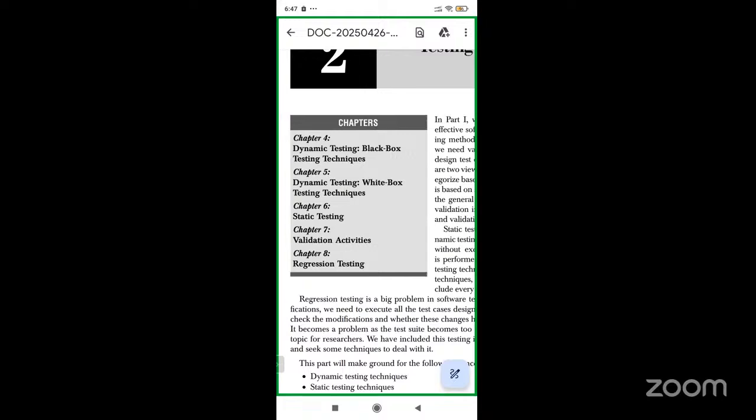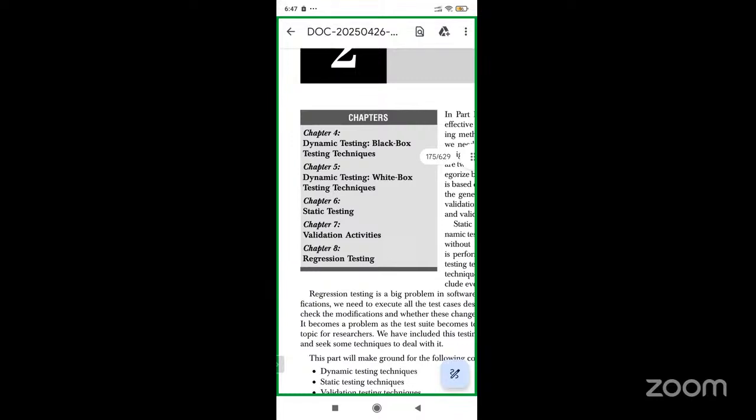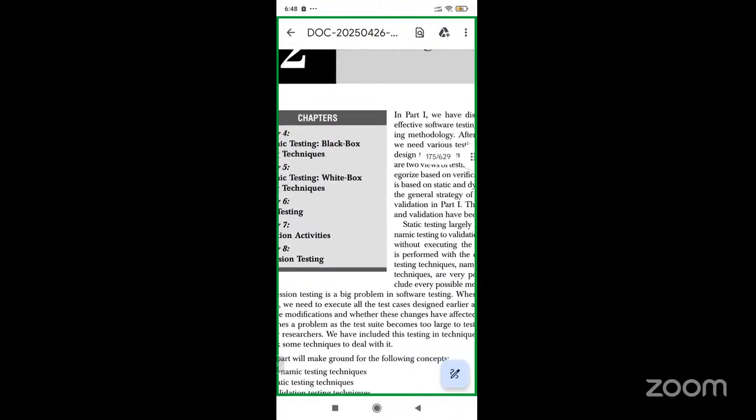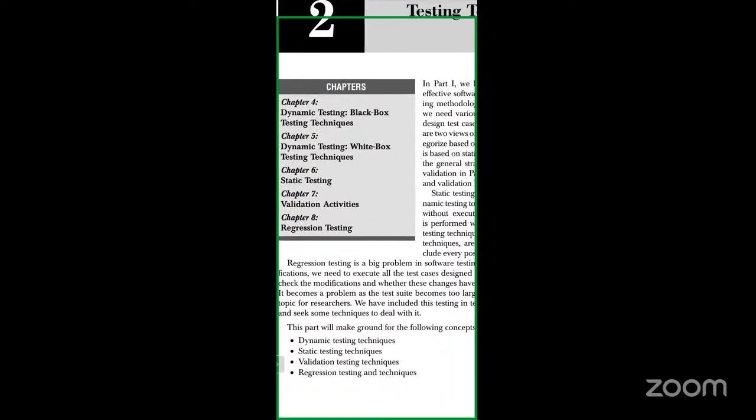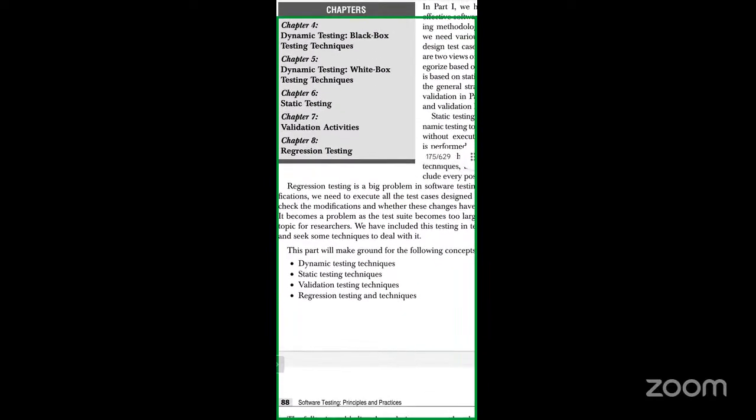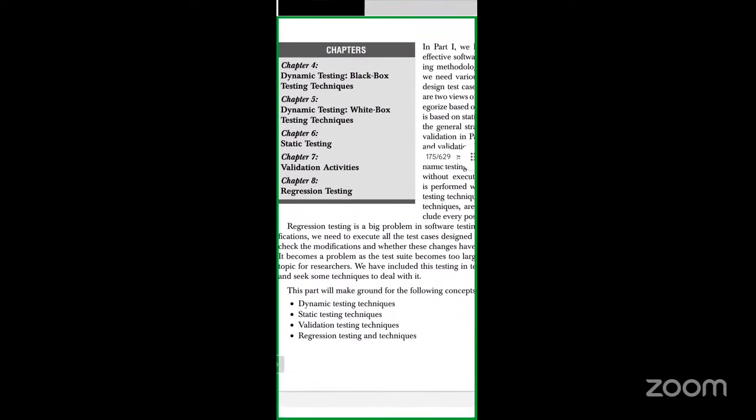Here we are looking into the next topic, that is dynamic testing, which is also called black box testing. So black box testing strategies we are having and white box testing strategies we are having.